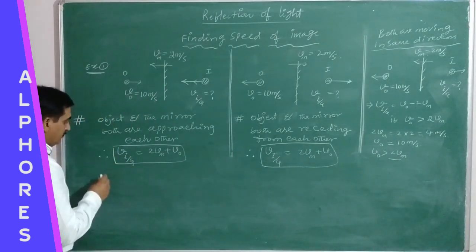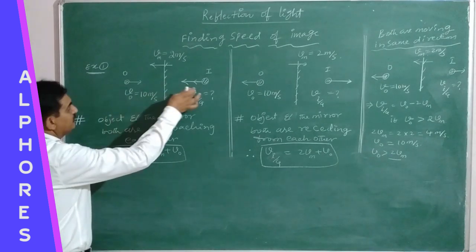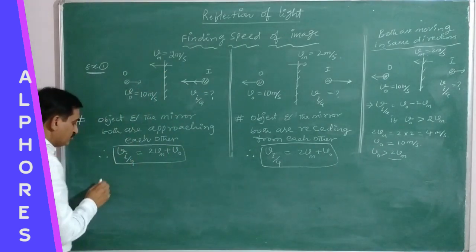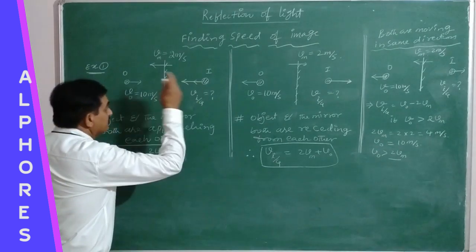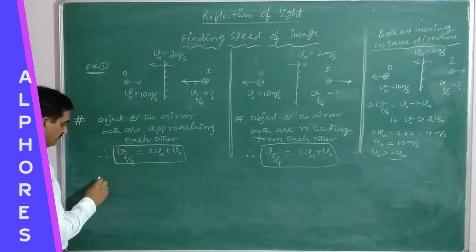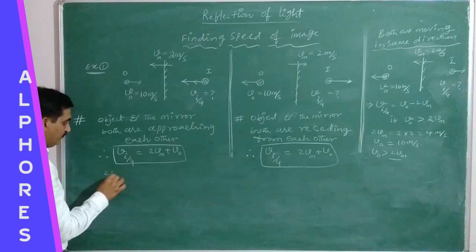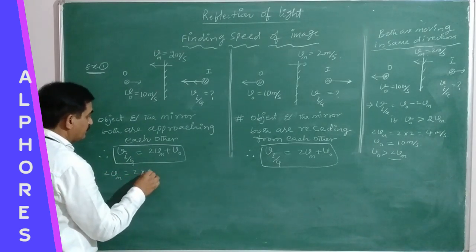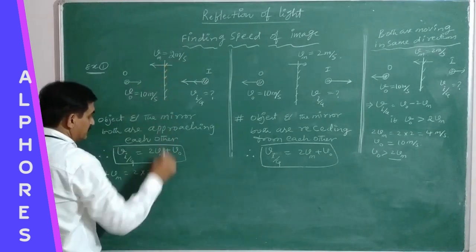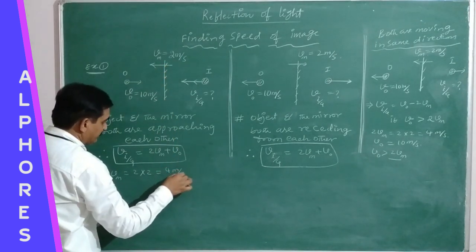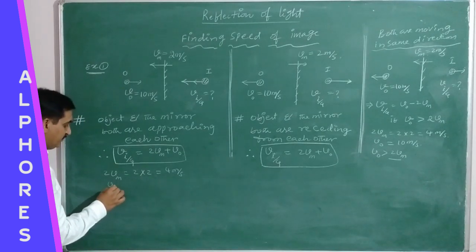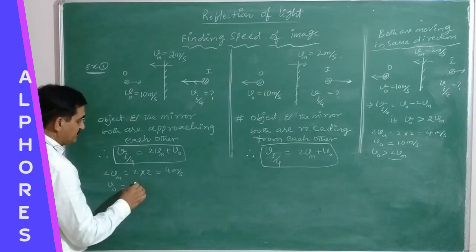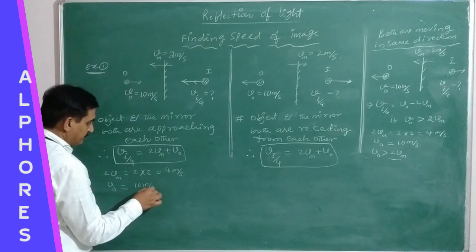So the speed of the image due to motion of the mirror is how much? 2Vm, double. Therefore 2Vm is equal to 2 into 2, so as a whole 4 meter per second. What is the speed of the object? The speed of the object is 10 meter per second.